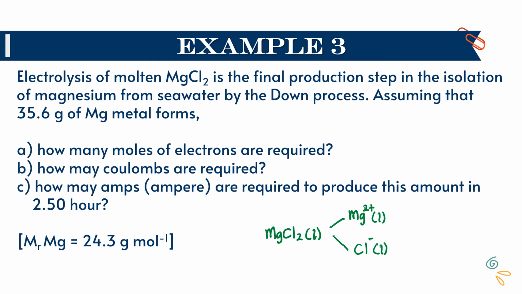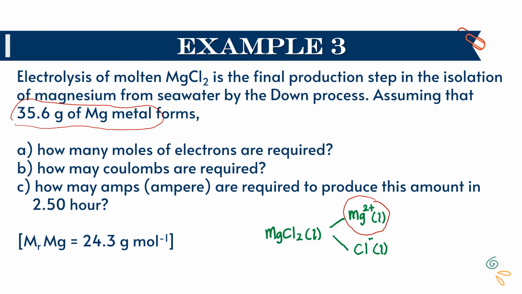So, dekat sini dia dah bagi kita maklumat. Okay, dia dah bagi kita mass of magnesium metal forms. So, in other words, the equation must involve magnesium ion dekat sini. So, magnesium ion is a positive ion attracted to cathode. So, equation yang awak akan tulis nanti adalah the half equation for reduction of magnesium.